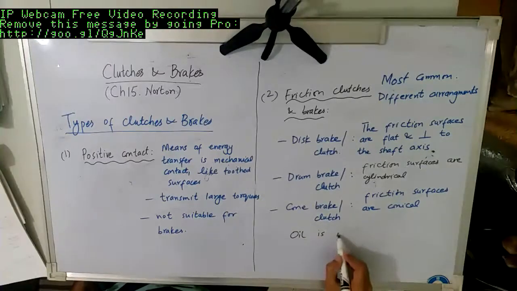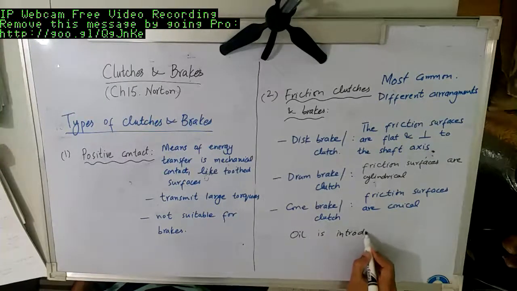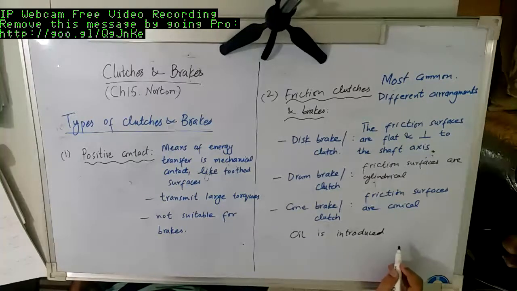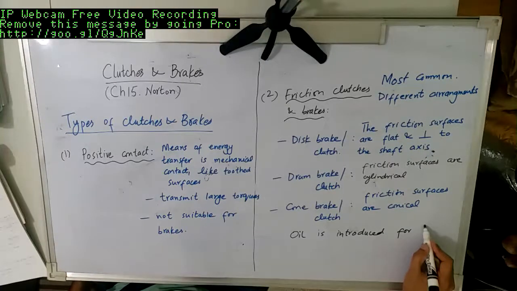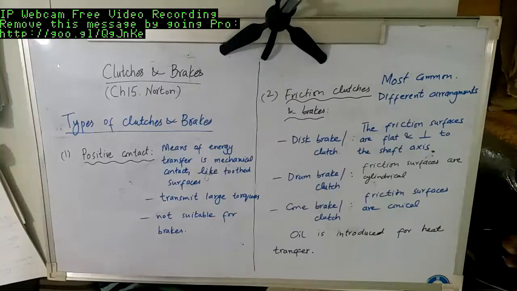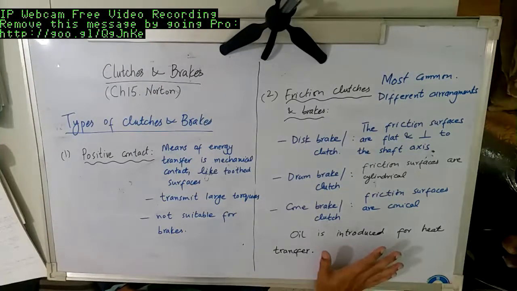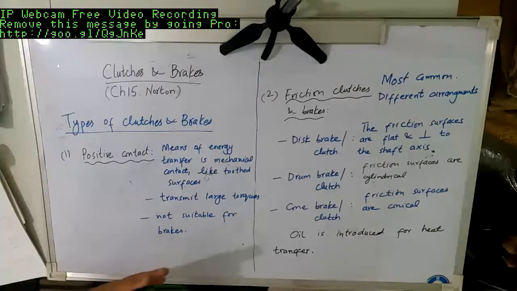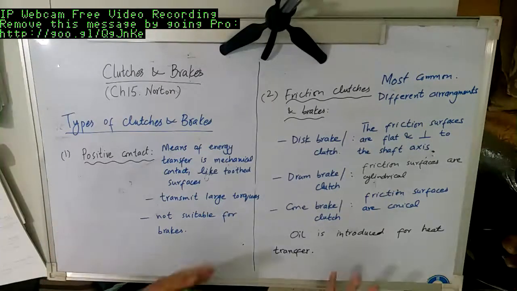So oil is introduced for heat transfer. Otherwise, heat will destroy the surface. It will burn off the surfaces of the clutch or brake. Similarly, in the case of friction clutches, we may have not only a single disc set or single set of drums, but we may have multiple sets in the same system.